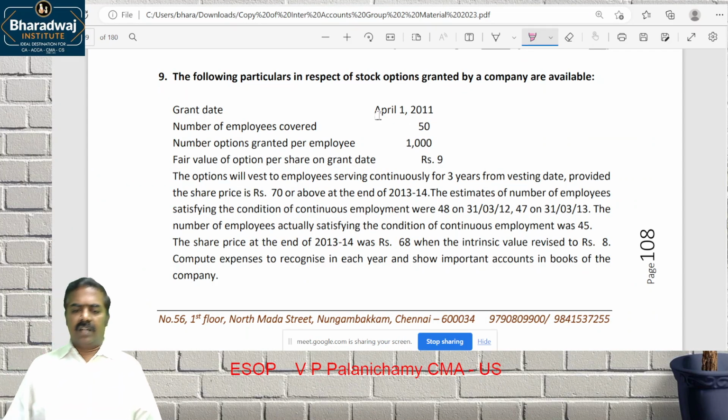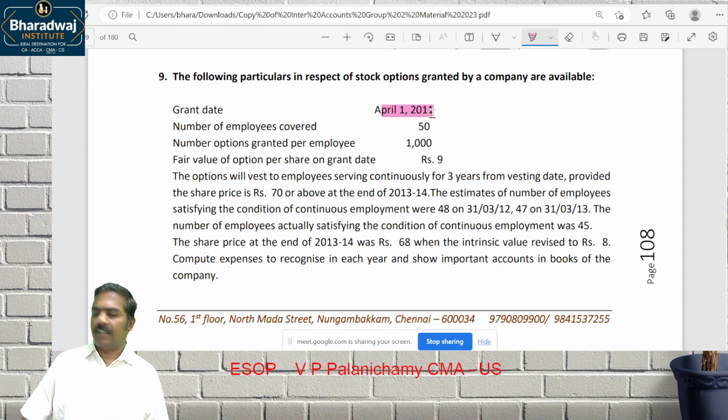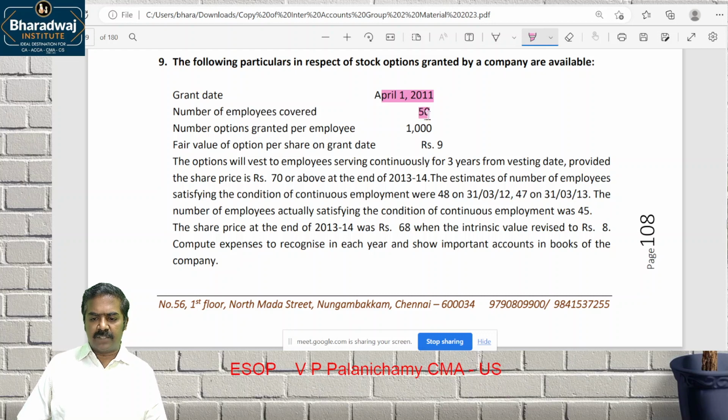Check the grant date, 1st April 2011. How many employees? 50 employees. How many options? 1000 options. Fair value is given as 9. 3 years of continuous employment is given. If the share price is 70 rupees, the fair value of the option is 9 rupees.